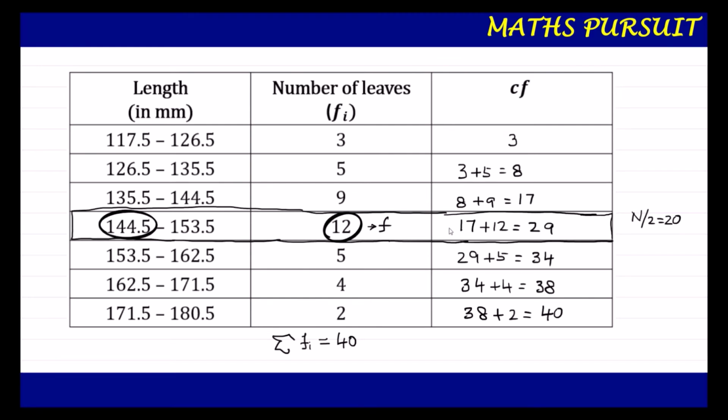And one other thing is that wherever the median class lies, the cumulative frequency just before the median class is going to be our cumulative frequency. Hope guys till here we are very clear.